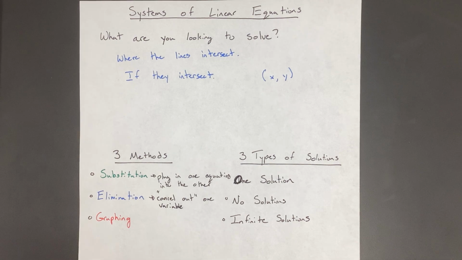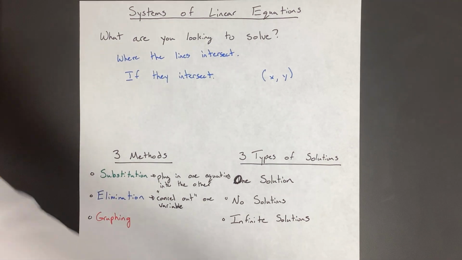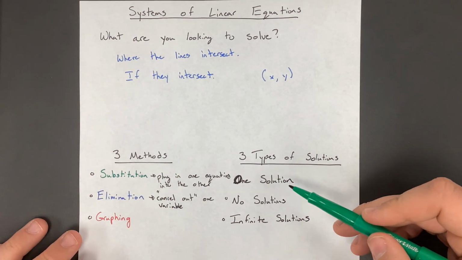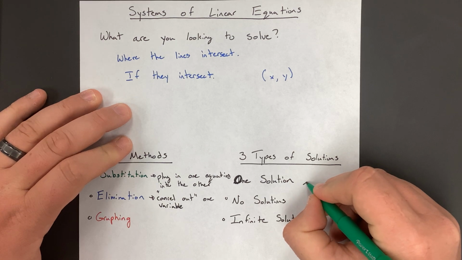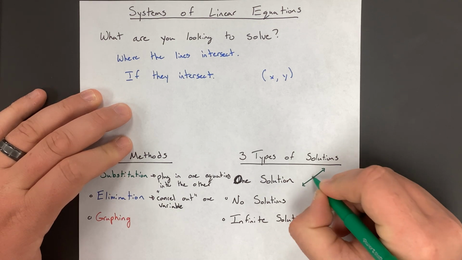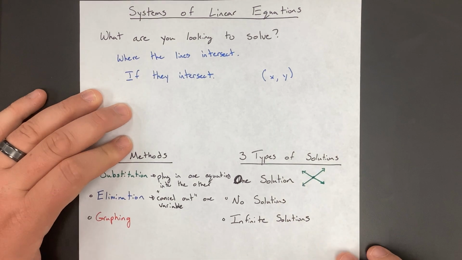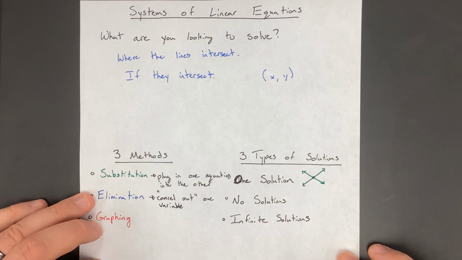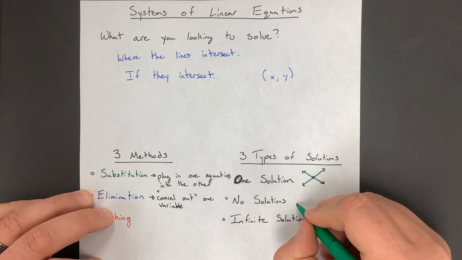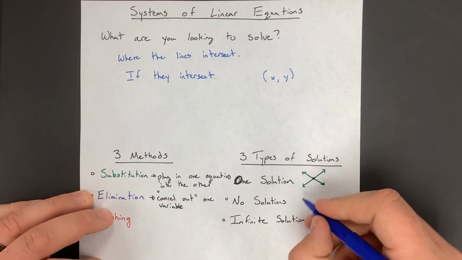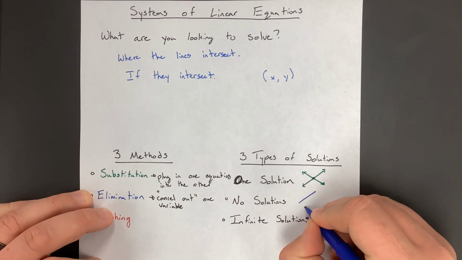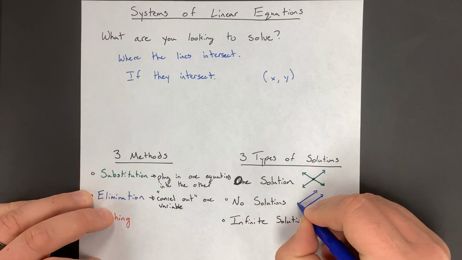With our three types of solutions, the most common one is where we have one solution, and that's going to be where we have two lines that intersect at a particular point. We may have no solutions where we have two lines that are parallel to each other.